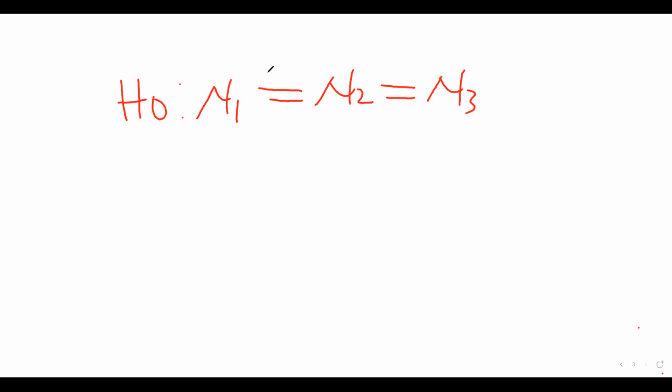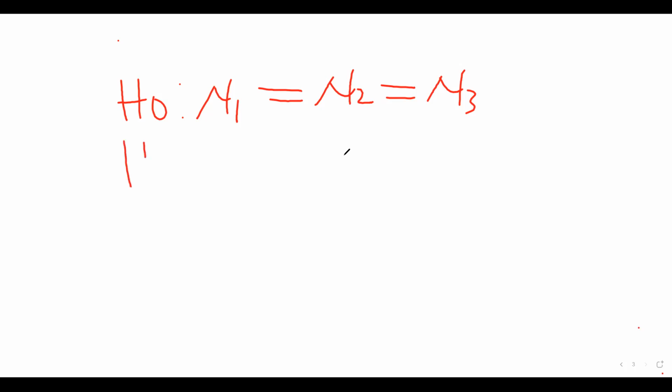Now, the alternative is not direct, because some people will think that because the null is equal to, then the alternative should be mu1 not equal to mu2 not equal to mu3. That's wrong. Let me tell you why that is wrong.